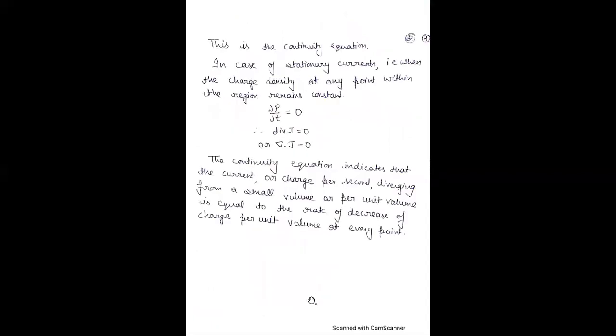From equations 4 and 5, J dot dS equals this, so the two expressions are equal. So the volume integral of divergence J dV equals minus the volume integral of partial rho by partial t dV. Here the integral of divergence J plus partial rho by partial t dV is equal to 0, and so divergence J plus partial rho by partial t is equal to 0. This is the continuity equation.